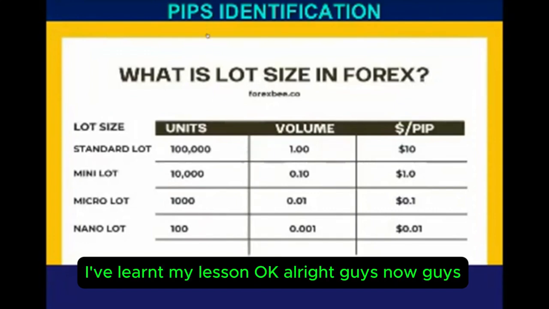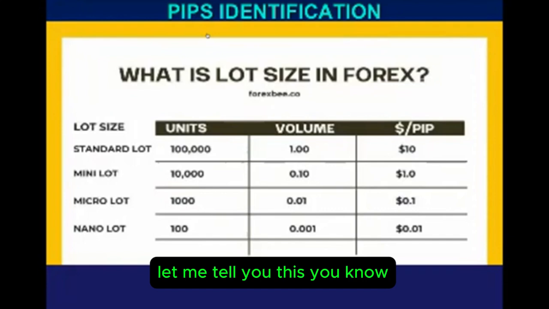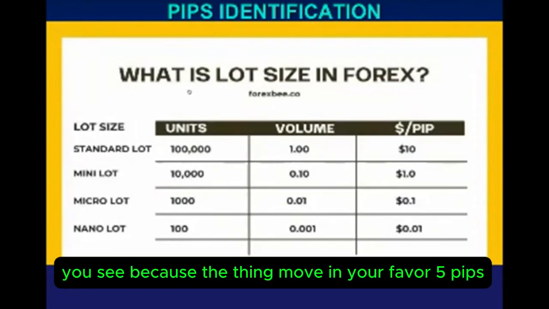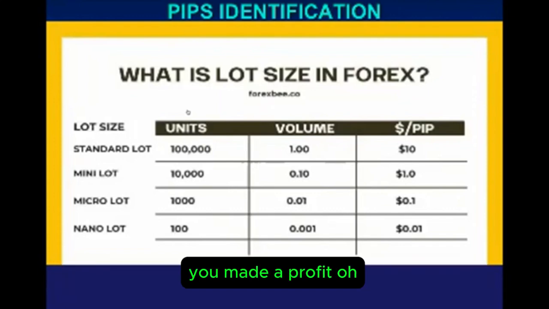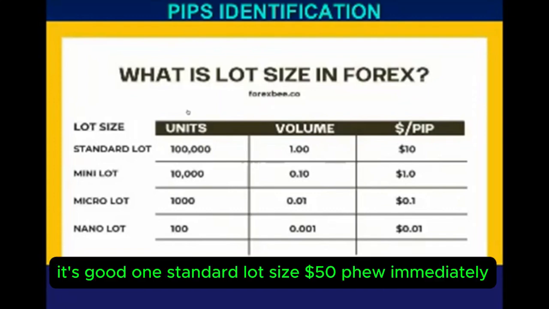All right, guys. Now, guys, let me tell you this. I was talking about the profits. I didn't tell you about the loss. Because the thing moved in your favor 5 pips, you made a profit. With one standard lot size, $50, immediately.